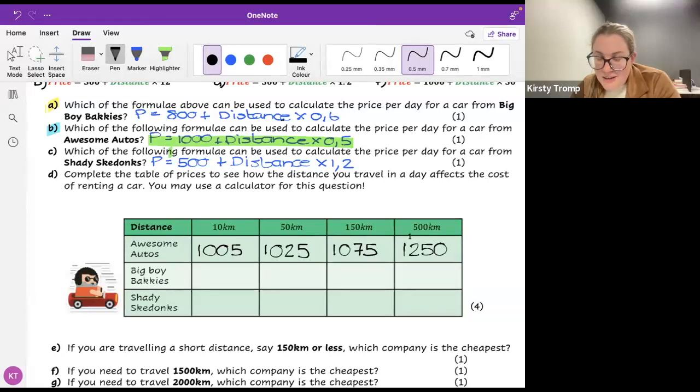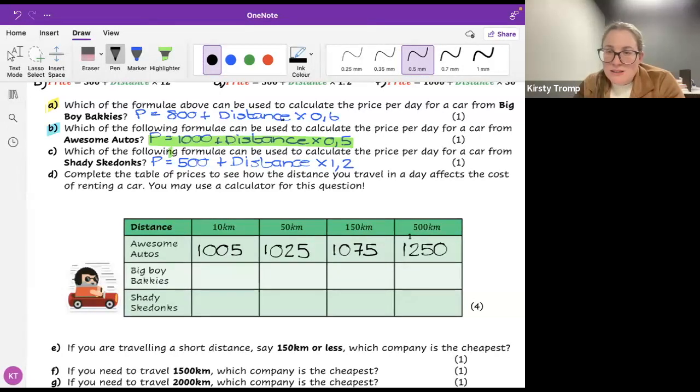That's okay. Say it again. Ma'am, I wanted to say that where the distance is for Big Boy Buckies and Shady Skadonks, we get them from here, from the top place. Yes, that's right, Ompile. Oh, thanks, ma'am. You're welcome.